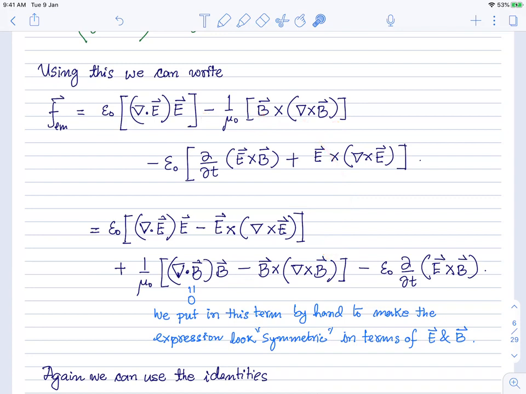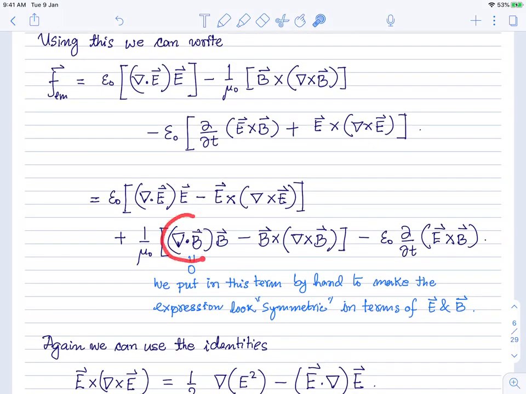To make this equation look symmetric in terms of the E and B fields, we can put in another term, which is divergence of B times B, just like this is divergence of E times E. We can do this because, by Maxwell's equations, divergence of B is always 0. So we have just added 0 to this expression, and that will not change anything.